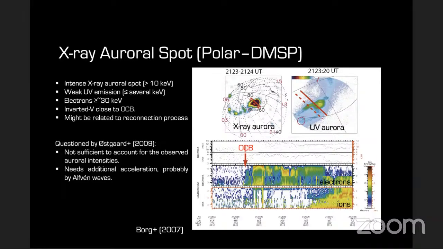So Ostergaard suggested additional acceleration processes are required somewhere between the reconnection region and the ionosphere, most likely in the near-Earth region. For this event, it might be interesting to consider what acceleration processes generate the inverted V structure with such higher energy particles, because a typical inverted V structure has an energy peak of a few keV or less than 10 keV.